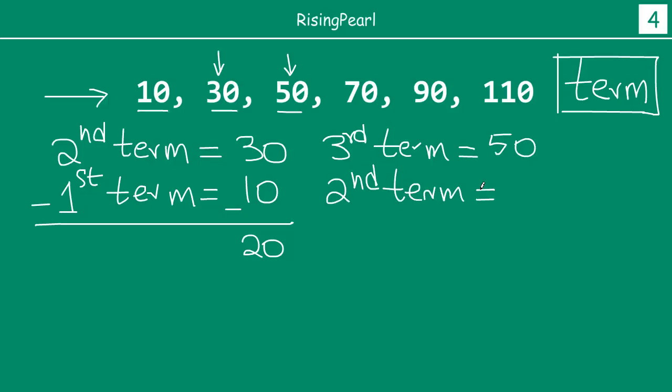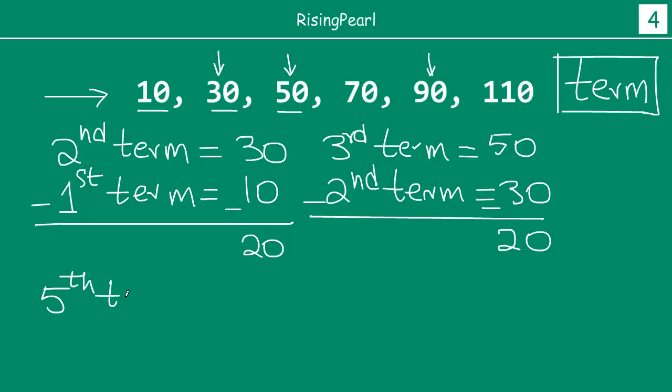We get 50 minus 30, which is 20. Similarly, let's take the fifth term, which is 90, and subtract the fourth term from it, which is immediately before the fifth term.